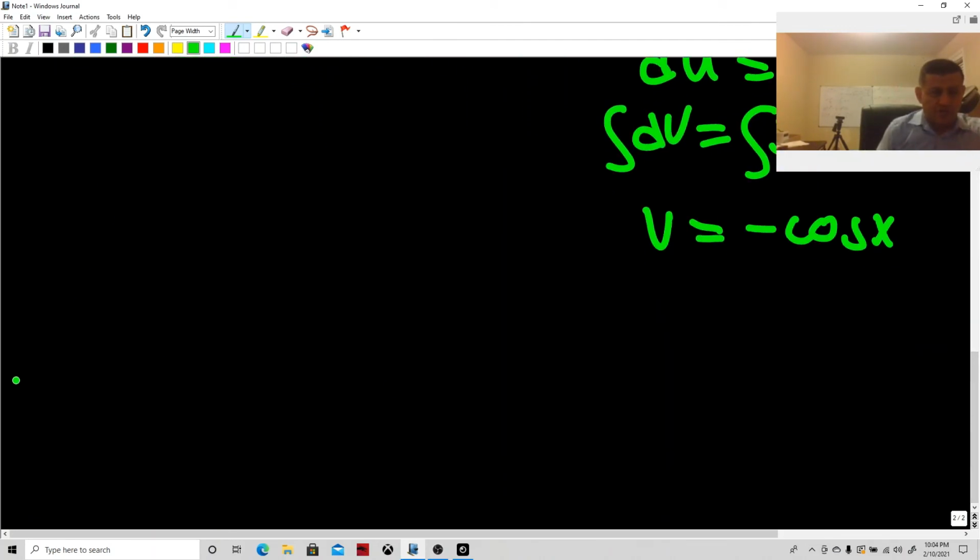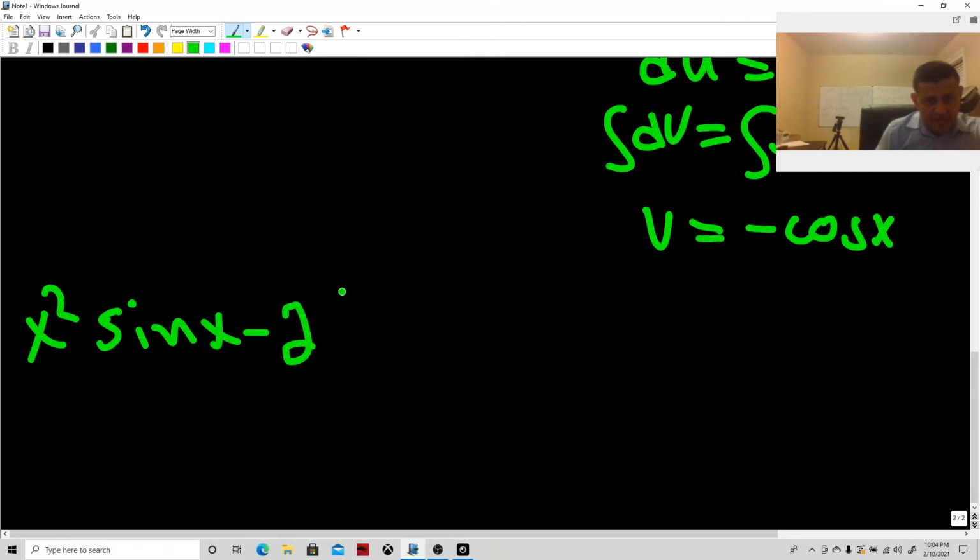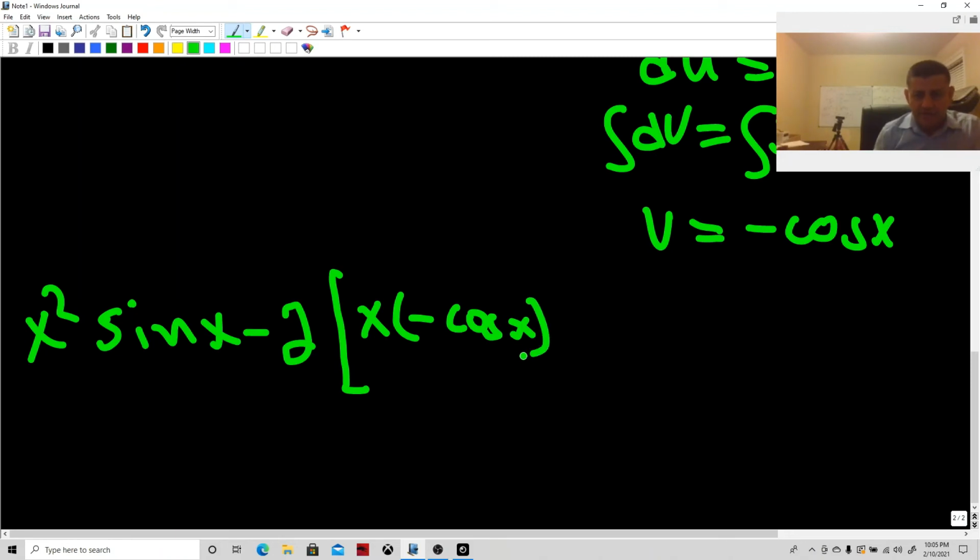So we have x squared, and then we have sine of x minus, right? We put the 2, we factor it out, and then we put a set of brackets like this, right? And inside we have u was x, and v is actually negative cosine x, correct? And put it in parentheses like that.